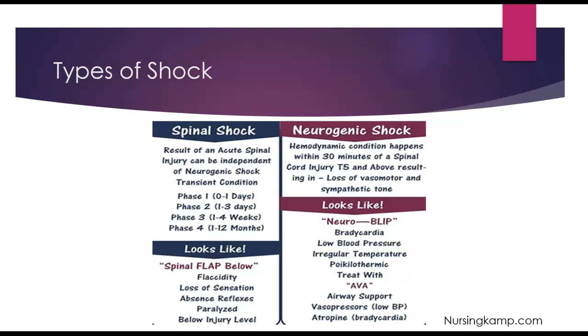Typically, you'll see that we are going to use high-dose steroids in that first 8 to 24 hours to help with edema. They may have a special type of bed, a kinetic therapy bed, that gives that continual side-to-side motion, and they're able to have that repositioning while still keeping spinal cord stabilization and realignment.